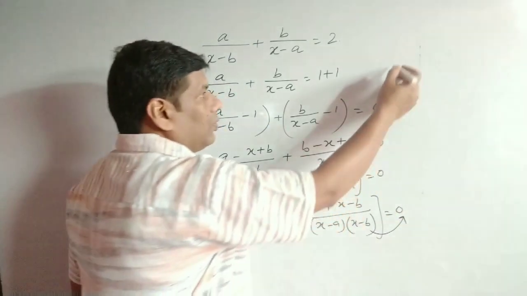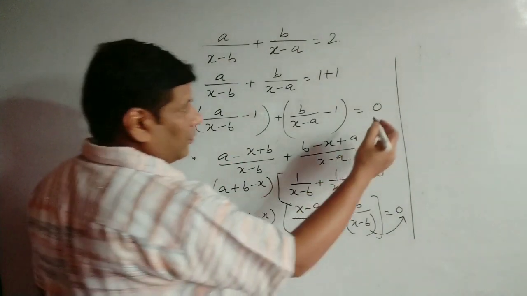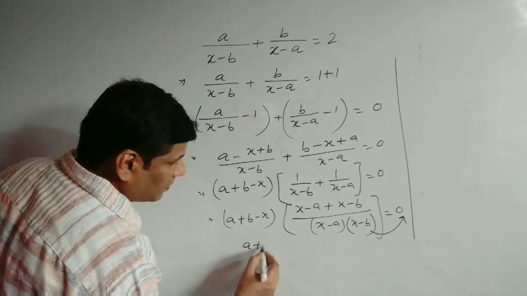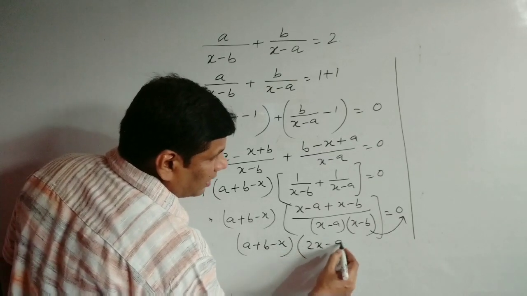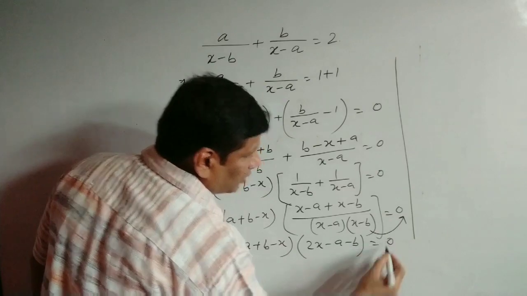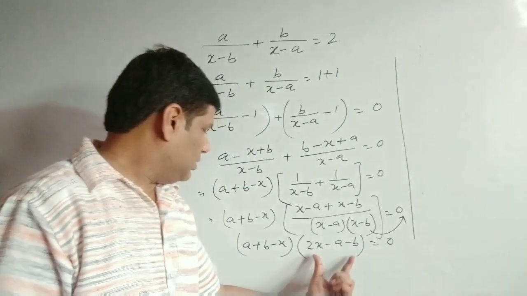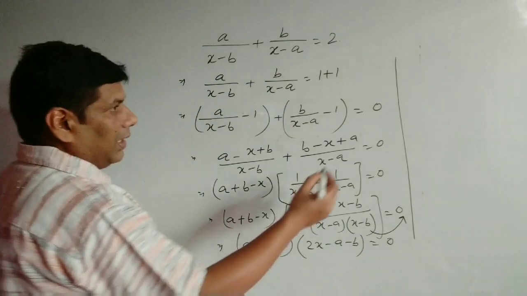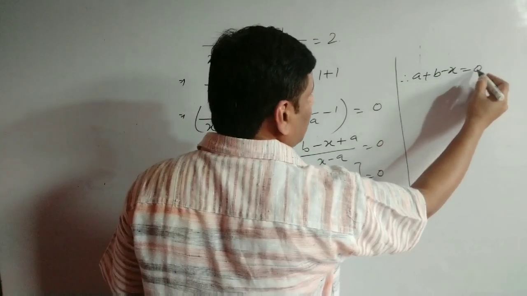So what will we be left with? We have (a plus b minus x) and (2x minus a minus b) equals 0. So either this equals 0 or this equals 0. We have a plus b minus x equals 0.